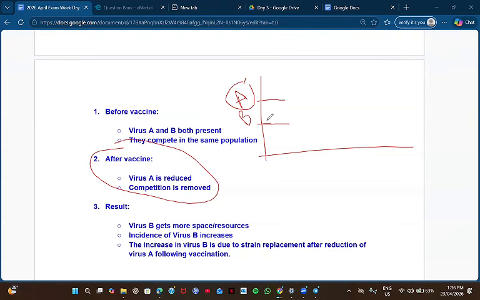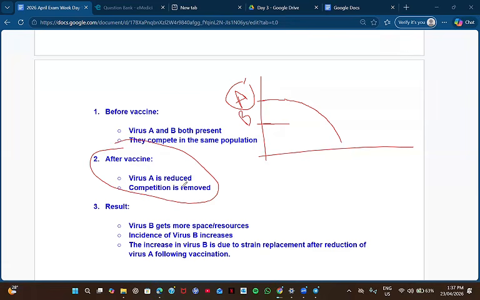Then after vaccination for virus A, the vaccination has been introduced, and because of that, this virus is reduced, right? Because there is something against this virus, and the virus is decreased in that population because of the vaccination.